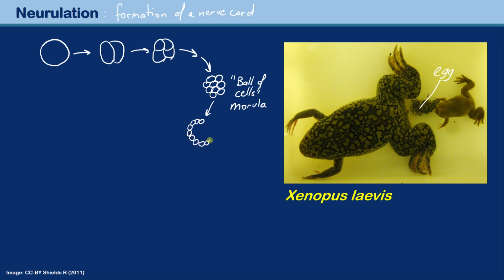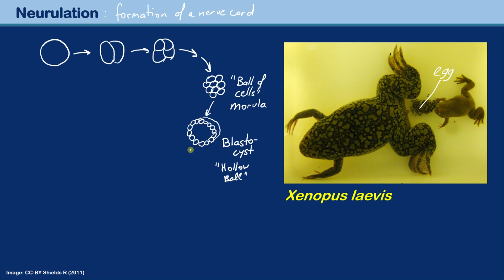Maybe the cells are drawn a little too big. I'm drawing a ring, but actually I'm cutting it open, so you have to understand it's actually a sphere, like a ball. That is known as a blastocyst, a hollow ball of cells.